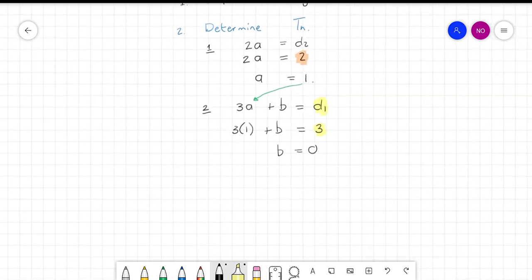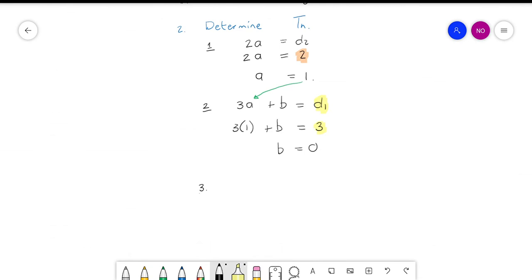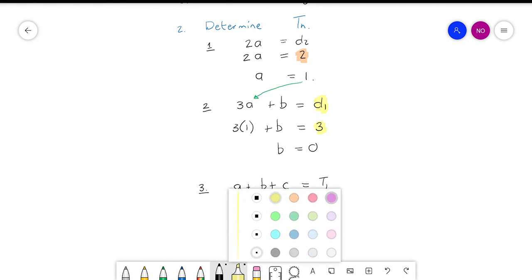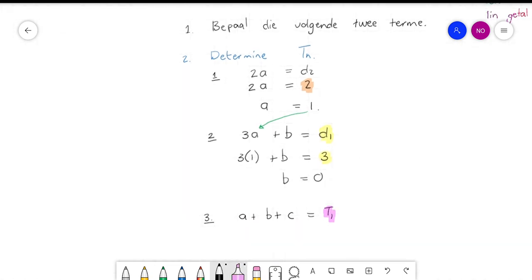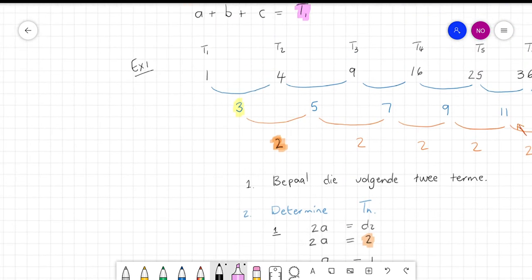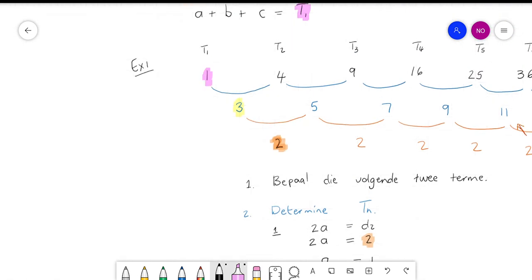Okay. En daai is die tweede formule. And now for the third one, you have to know that a plus b plus c is equal to term 1. Ek dink ek het hom in pink gehighlight. And term 1 is literally just the first term. So sien julle ek begin onder, dan enetjie boontoe, dan enetjie boontoe. Sien julle? You work like this. That is D2, that is D1, and that is T1.